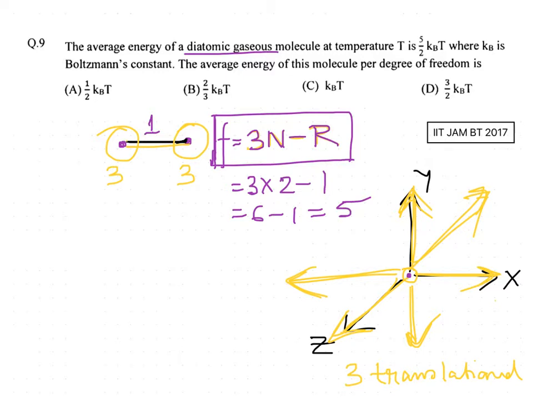The first atom can have 3 translational motions, and the second atom has 3 translational motions if they were not bound, that is, if the bond is not present. But when the bond is present, it can have these 3 translational motions with 2 rotational motions.